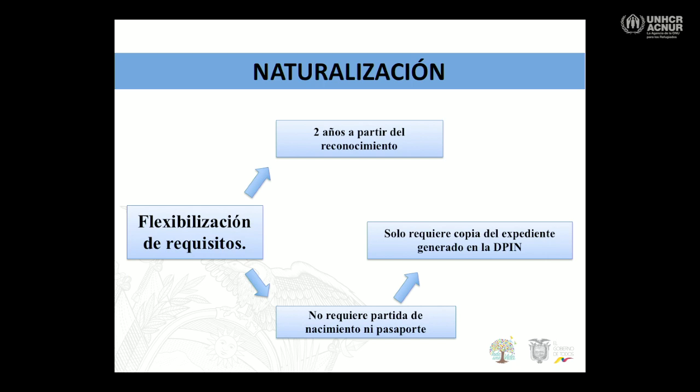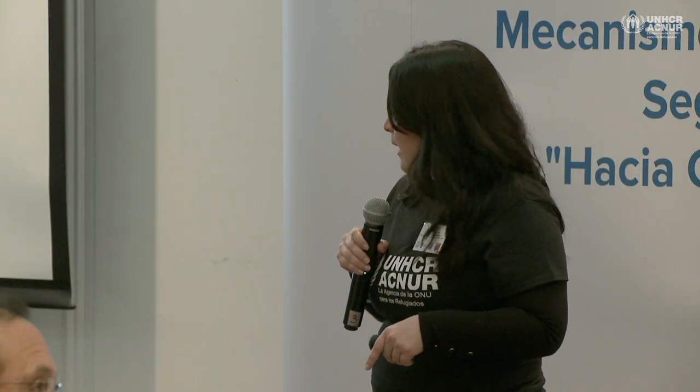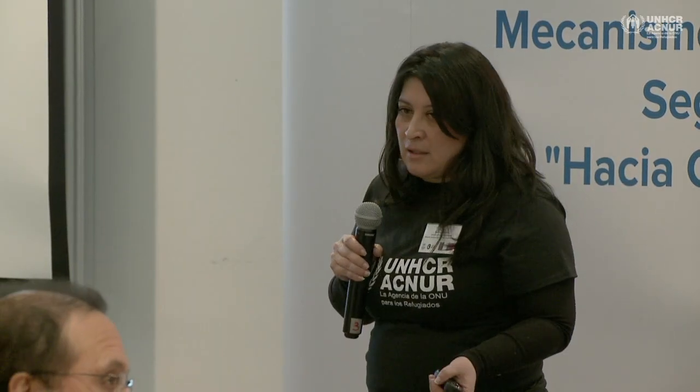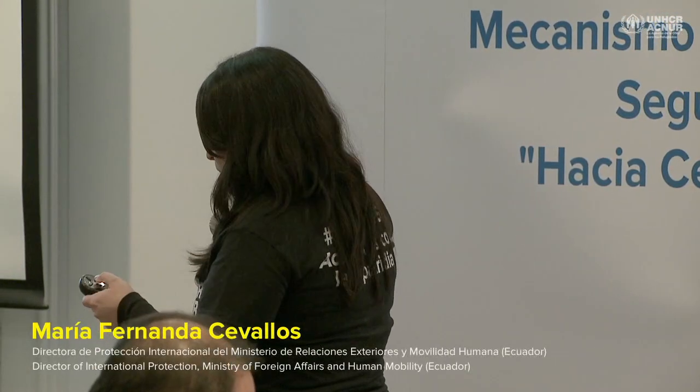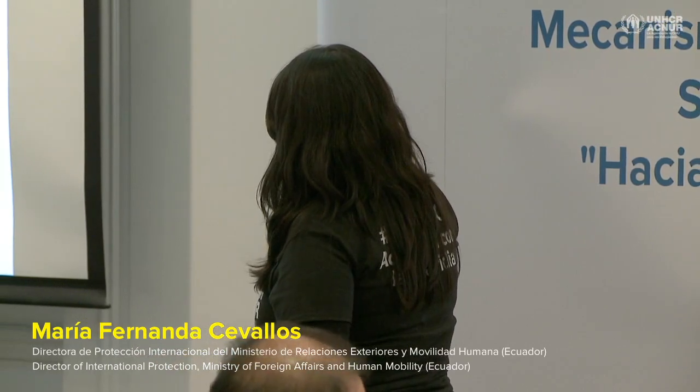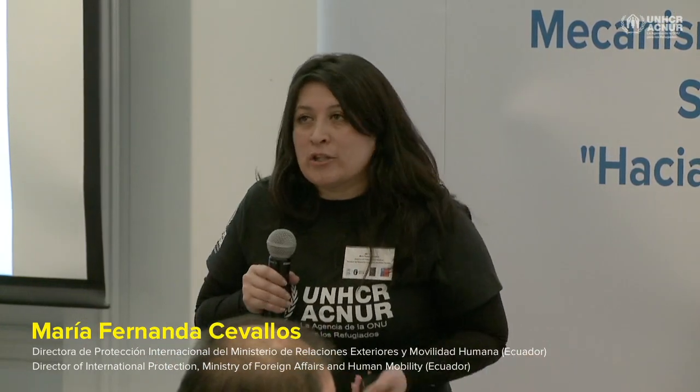So they already meet this term of 2 years. Because beforehand it used to be 3. And a copy of the file is required, that is created by this Direction of International Protection. We don't ask them to have the birth certificate or passport.